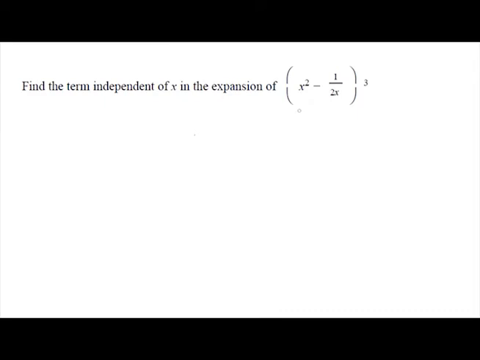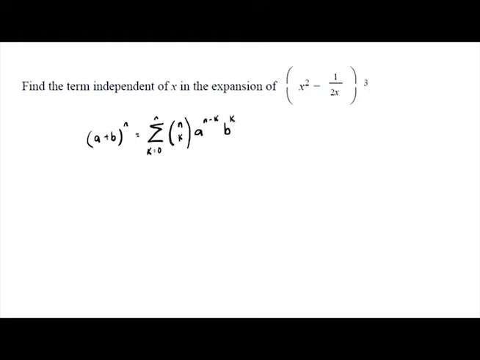So again, we remember that we have a plus b to the nth power, which is equal to the sum of k equals 0 to n, where n choose k, a to the n minus k power times b to the k.